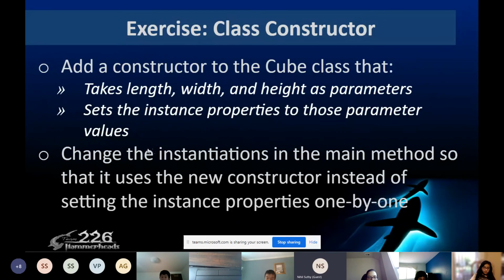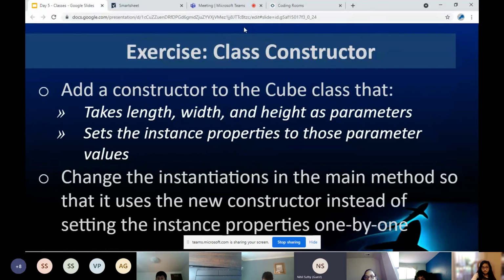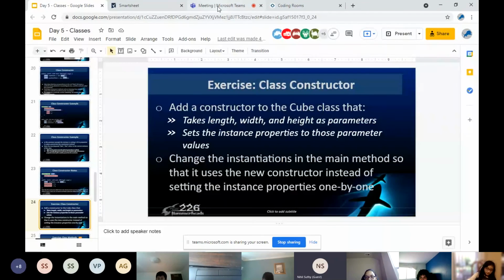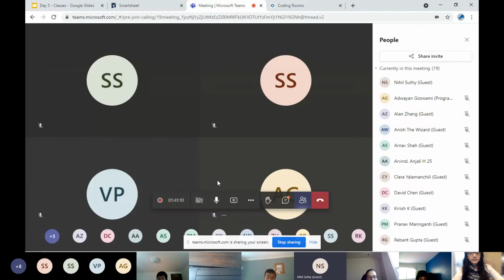After you've done that, change the instantiations in the main method so it's only using the constructor instead of going one by one and setting these instance properties. Since this is a new concept, I'll give you guys like 13 minutes to complete this. Once you're done, as always, just raise your hand and we can continue on from there.